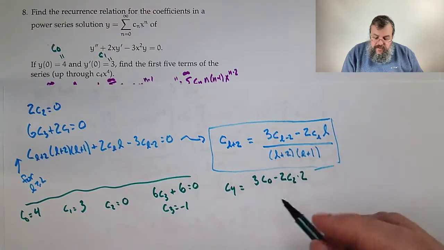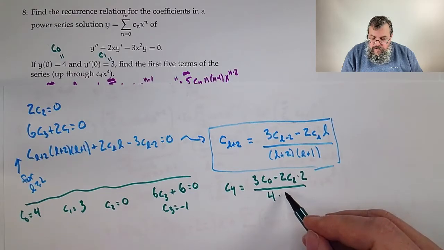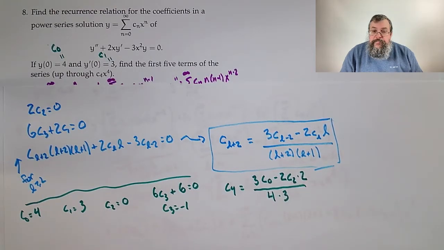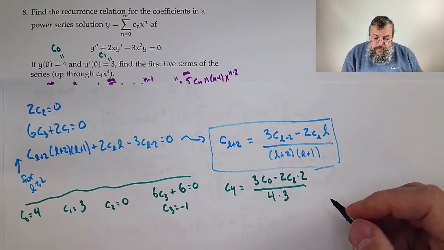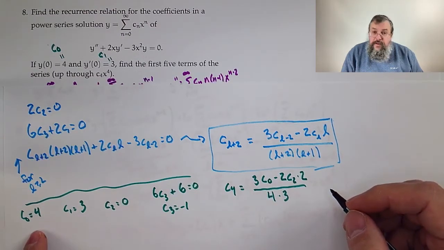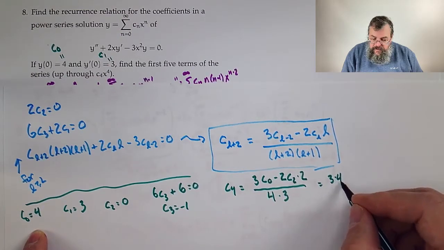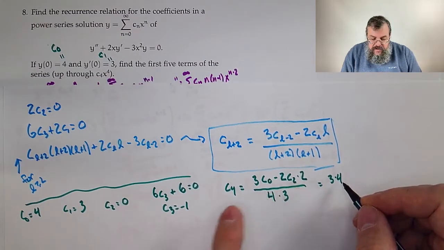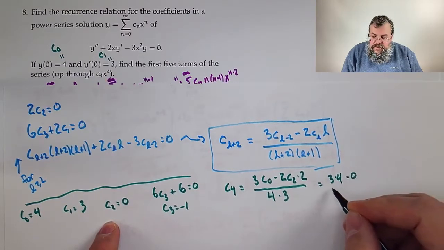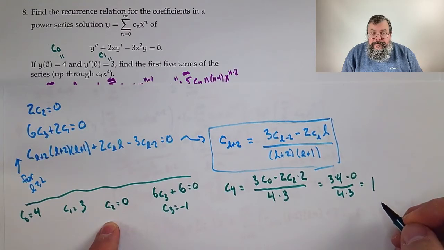Downstairs, 2 plus 2 is 4. 2 plus 1 is 3. Well, what do we know? We know C0. It's 4. Okay, so that's 3 times 4. C2 is 0. Minus 0 over 4 times 3, which gives us 1.